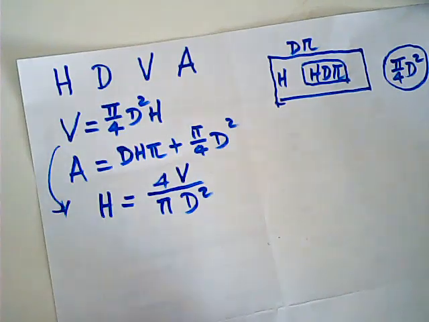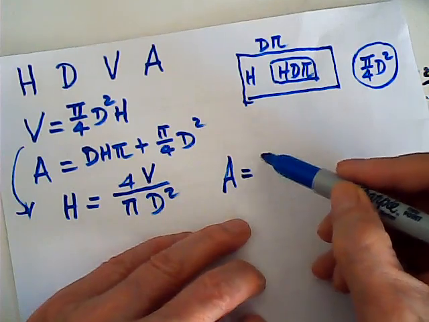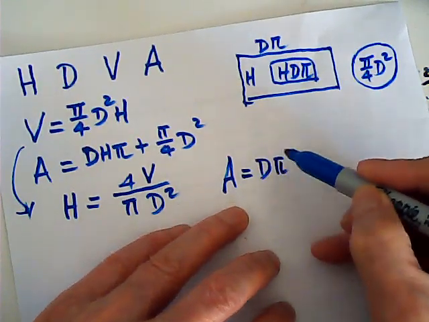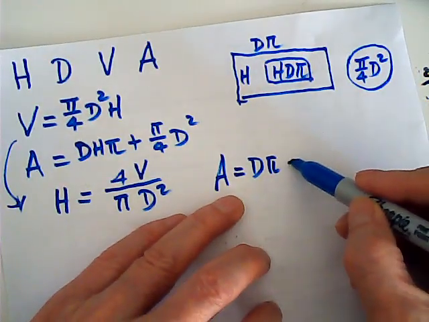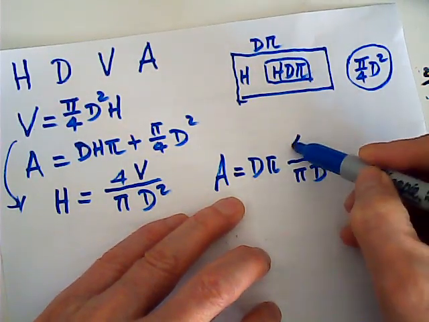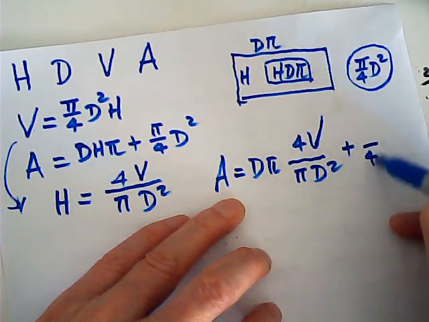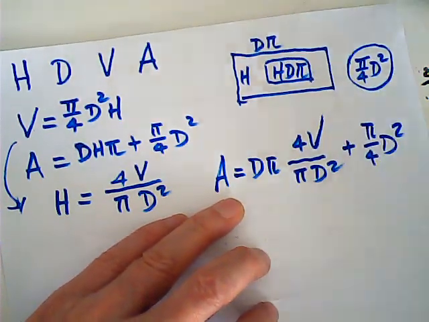Okay, so A will be equal to d times pi times h. h is this, 4v over pi d square, plus quarter pi d square.